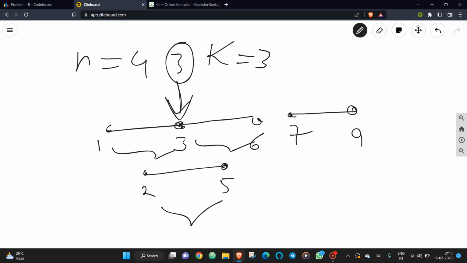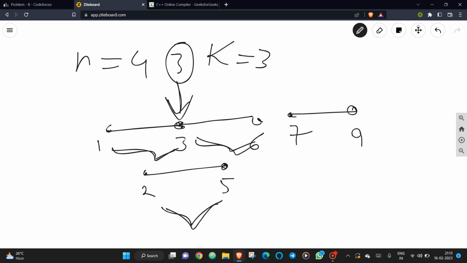Why am I calling it an ideal point? Because it is visited the most number of times. Whatever number is visited more times than any other integer point, you can call it ideal. Here I'm calling my 3 the ideal point because 3 is covered in this range, this range and this range.